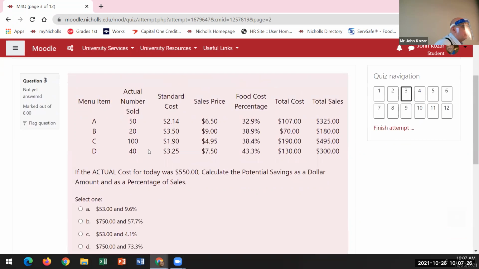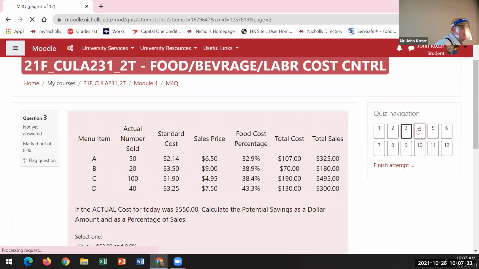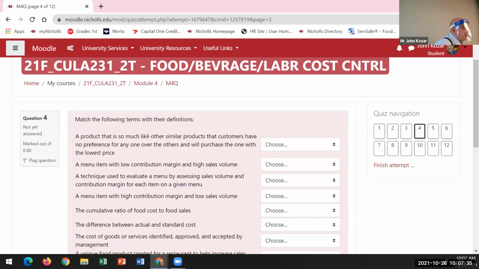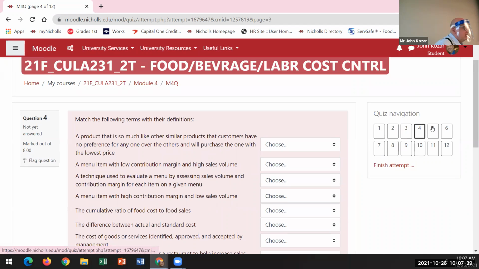So this is just presented in a little bit different format. Okay, all of these I would look in the book.